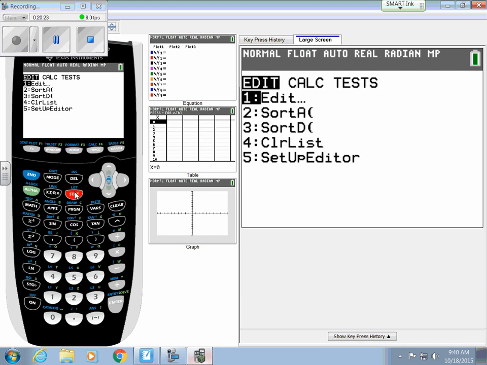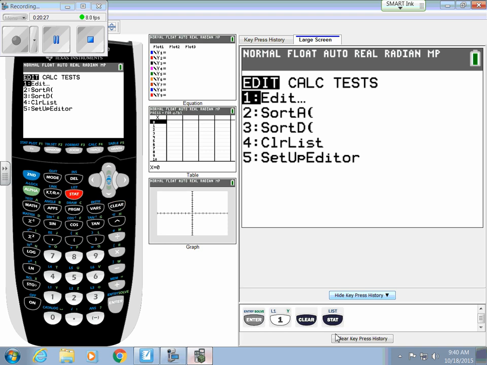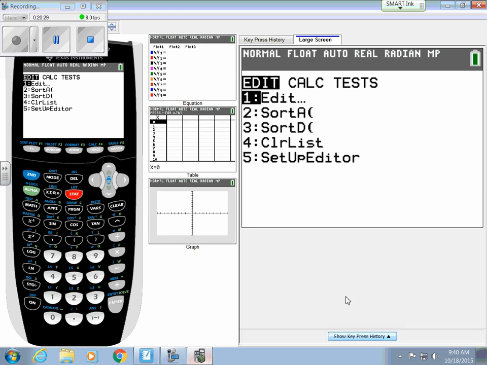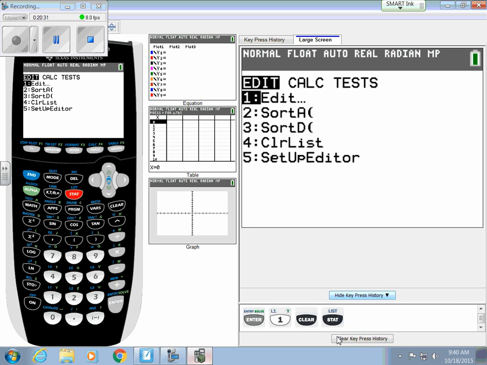Whatever button I hit here, the history will show up down here on the right side. Now if I want to edit these, I'm going to hit the edit button and hit enter.